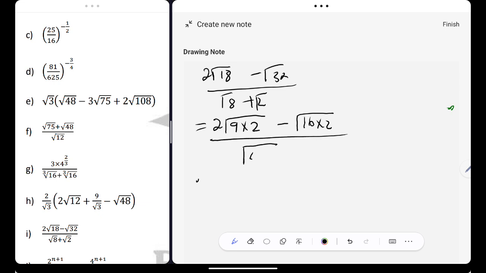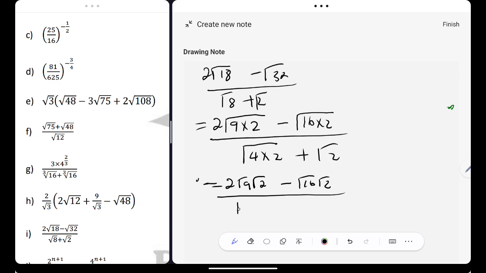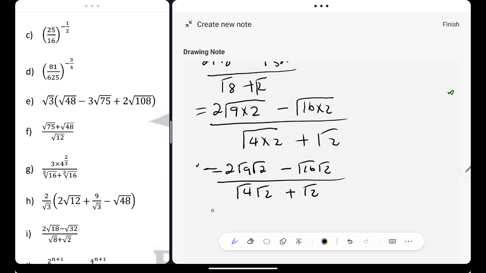And then 8 can be written as 4 multiplied by 2. This one I'm leaving because 2 is a prime factor. So this is 2 times (the square root of 9 multiplied by the square root of 2 minus 16 times the square root of 2) over 4 times the square root of 2, like this, no?